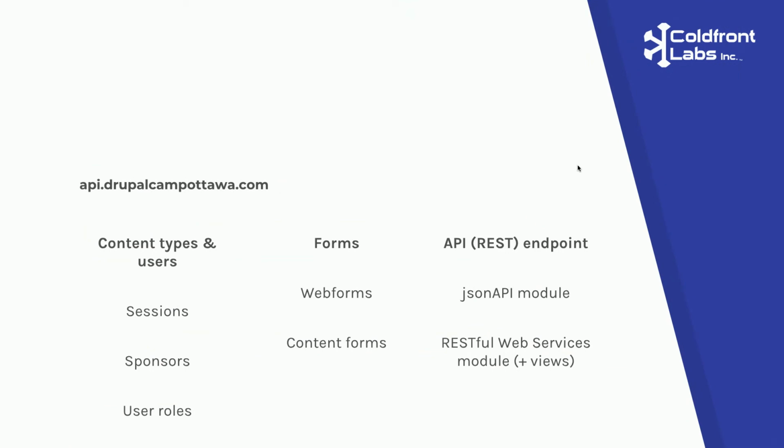The RESTful web services module. I wanted to call it out, even though we didn't use it for this particular site, because it lets you take your views and expose them as a REST endpoint. That's powerful because then you can bring in content that might have complex relationships, and you might not want to bring in everything about that content and its related content.